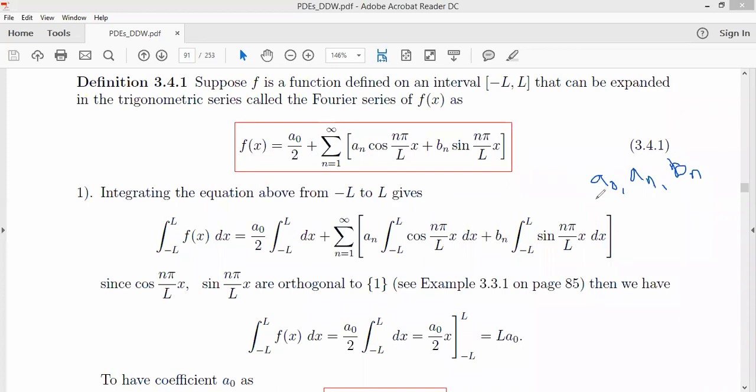So we are going to quickly bump into a situation where a coefficient is 0, and once I am dealing with a Fourier cosine, I only have to think of a naught and an. Fourier sine, I only have to think of bn. The others are zeros. So you don't even waste time in verifying that.